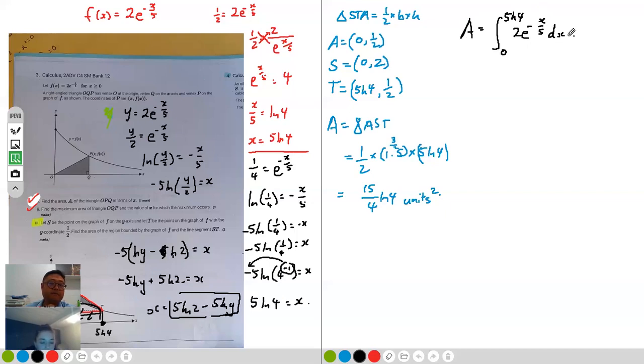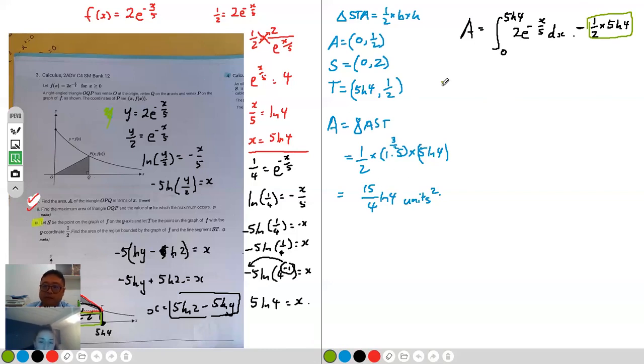Got it? Yeah. But then I would also take away the rectangle. So minus a half times 5 ln 4. Got it? Yeah. And then we'll take the triangle away later.